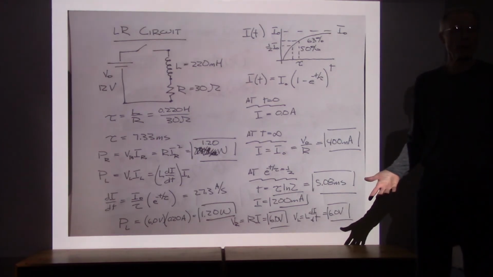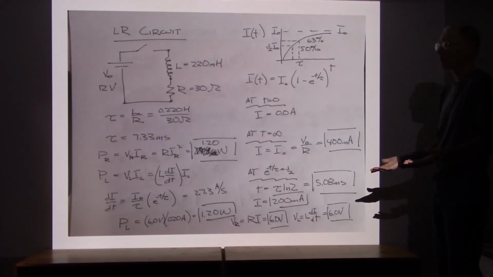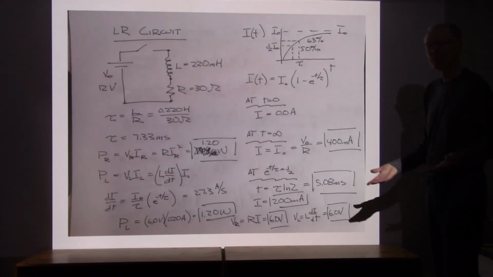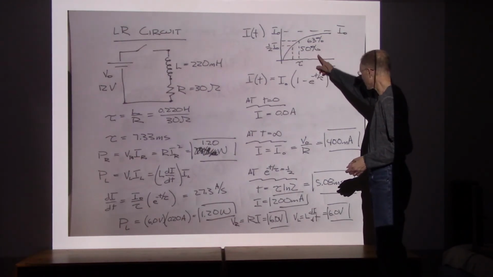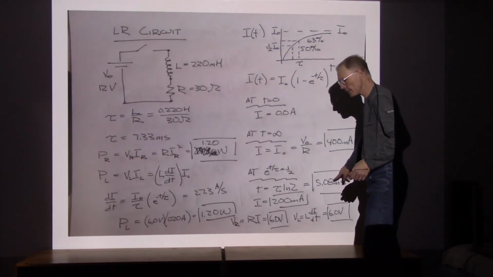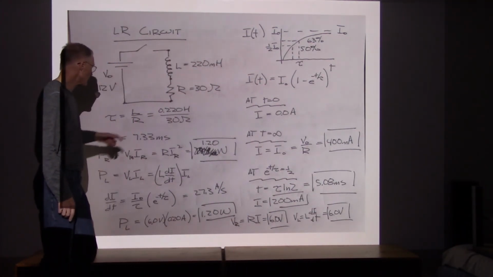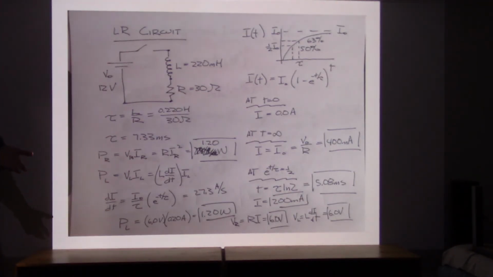If that's not familiar algebra, make sure you understand the steps involved. And again, logarithms are one of those things you come back to from time to time, and you have to review how logarithm algebraic manipulations work. Now the time that I got for the 50% mark was 5.08 milliseconds. I'm going to compare that with the 7.33, and I'm thinking, yeah, that seems reasonable.